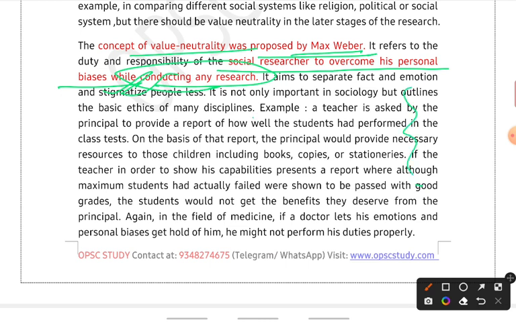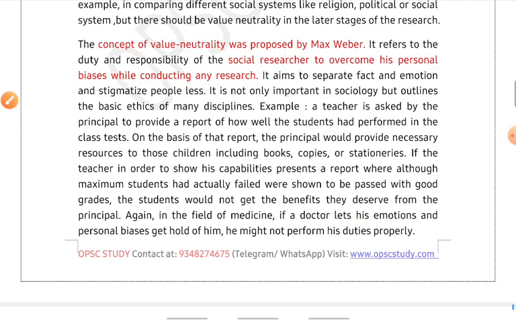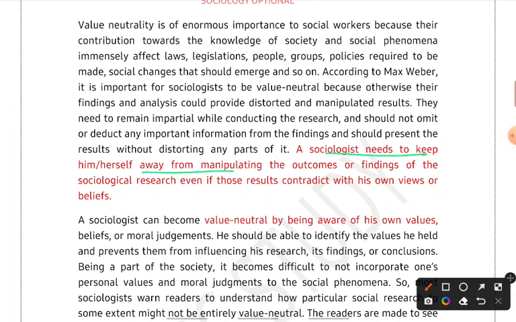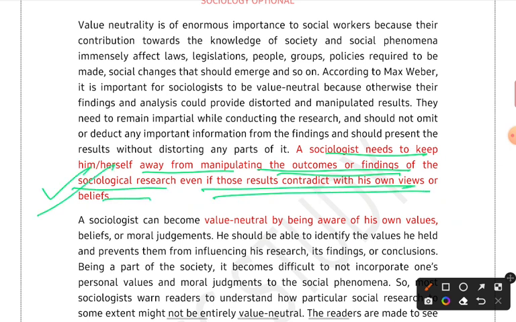Over here you can see some examples also: a teacher and student example, and a doctor's example. A sociologist needs to keep himself or herself away from manipulating the outcomes or findings of the social research, even if those results contradict his own views and beliefs.